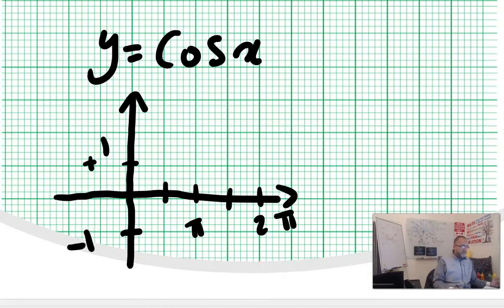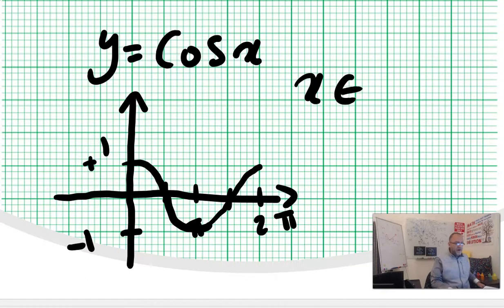At x equals 0, the cosine is 1. It's 0 at pi over 2, and at pi it's minus 1. 3 pi over 2 is again a 0, and then it goes like this. So this is your regular cosine, y equals cosine of x. Again, the domain is x equals R, and the same range between minus 1 and plus 1.